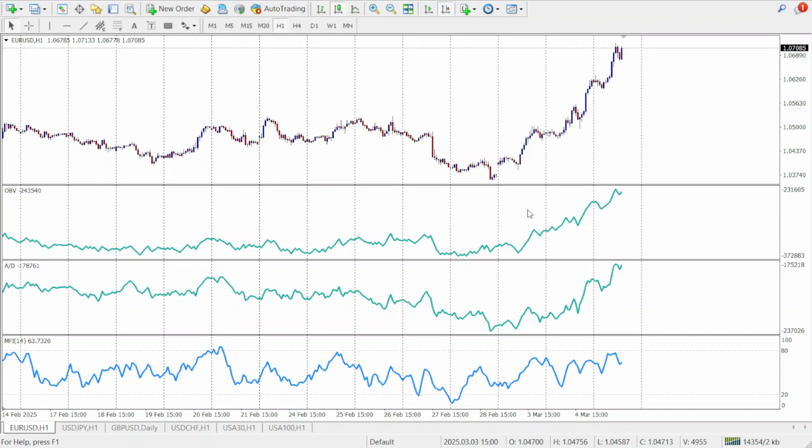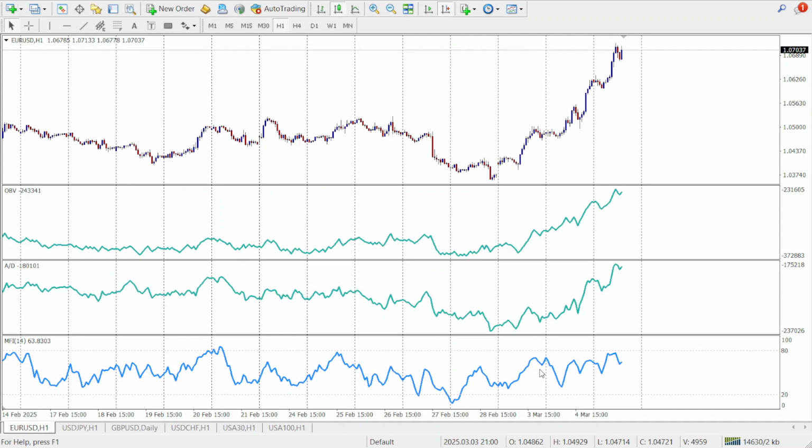Unlike OBV, which uses volume and price to determine buying or selling pressure, the MFI combines price, volume, and momentum to assess whether an asset is overbought or oversold.